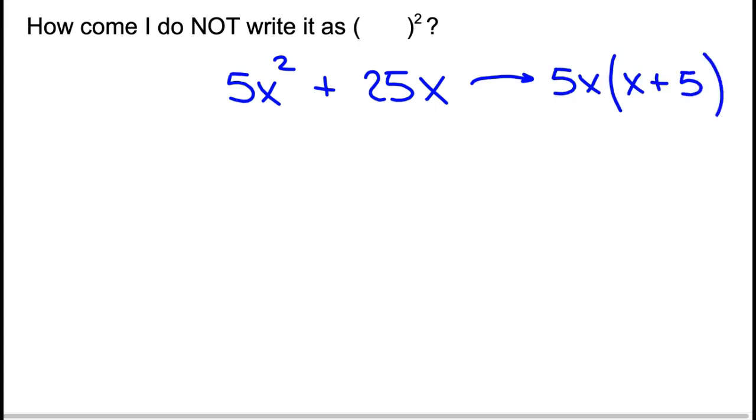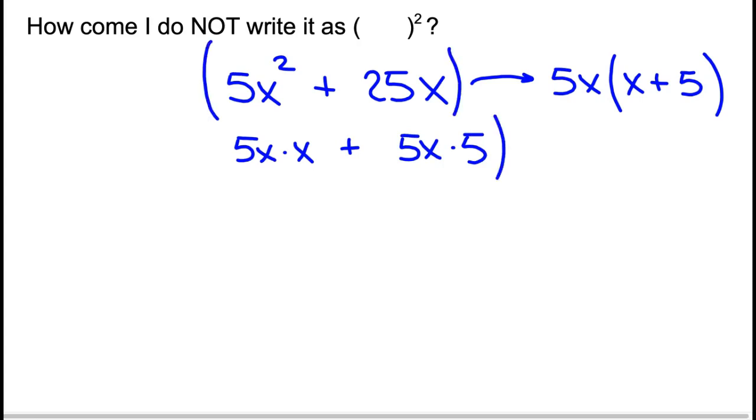Are you okay with that? It's like a reverse distribute, right? Factor out a common term. If I rewrite this as 5x times x plus 5x times 5, that's the same as what I had above. I'm deconstructing it a little bit.